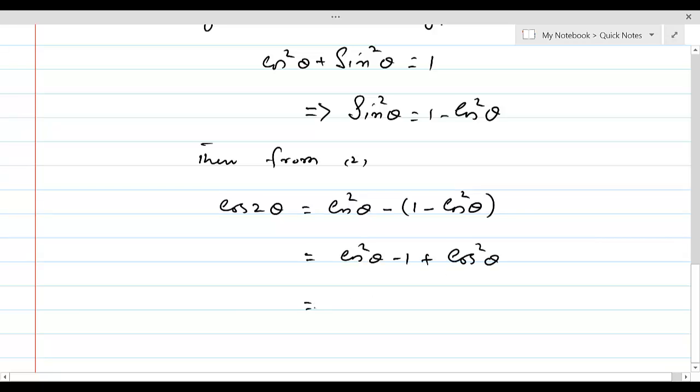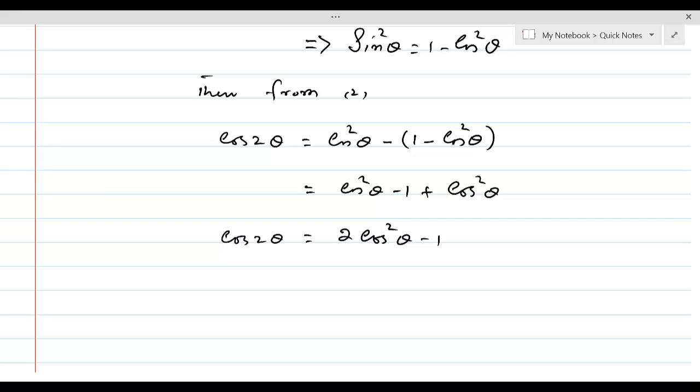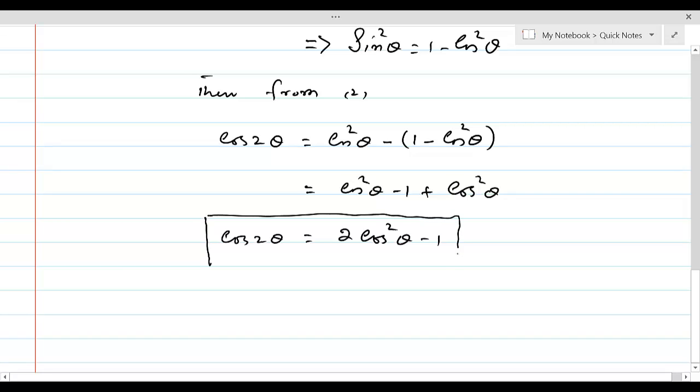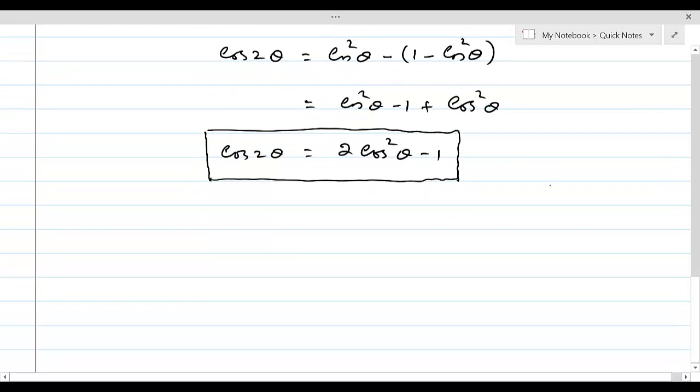So this is equal to cos 2 theta equal to 2 cos square theta minus 1. So that is another equivalent result for cos 2 theta. We can equivalently use cos 2 theta is equal to 2 cos square theta minus 1. Also, so let's call this number 3.